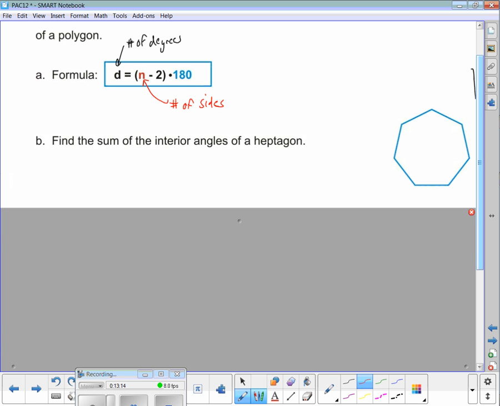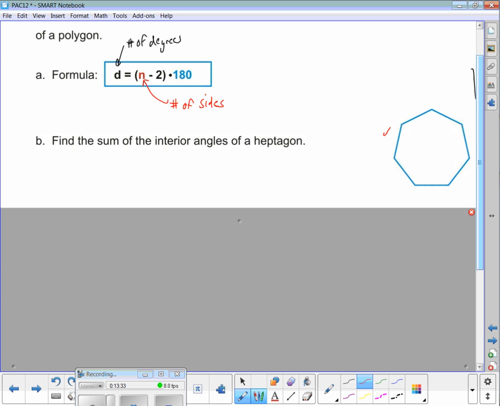Now, don't do this on your paper. I want to show you why the formula works first, though you don't need to write it. All right, we have an example here of how many sides. 1, 2, 3, 4, 5, 6, 7. Okay, so here we have a heptagon, a 7-sided figure.